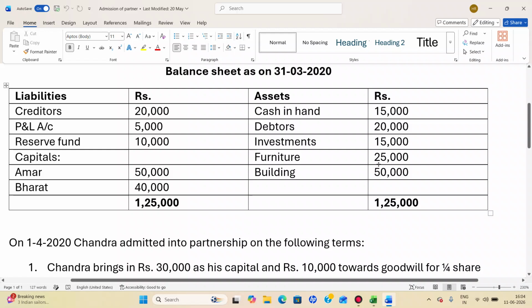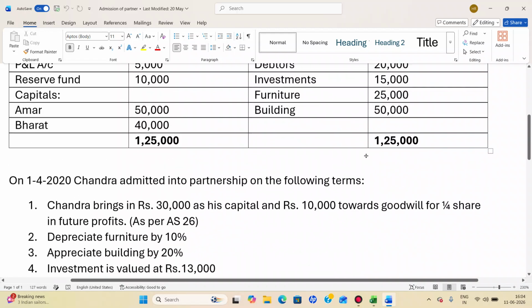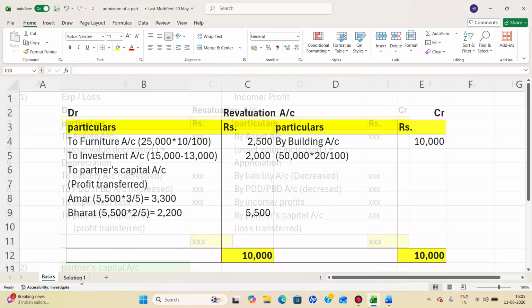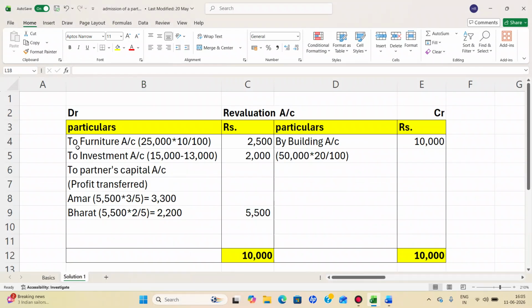That is 25,000 into 10 by 100. I will show you the solution. To furniture account, 25,000 into 10 by 100, we get 2,500. This is the revaluation account, debit side and credit side.